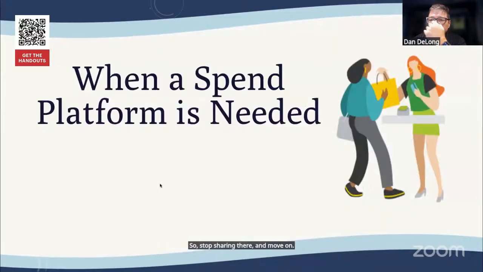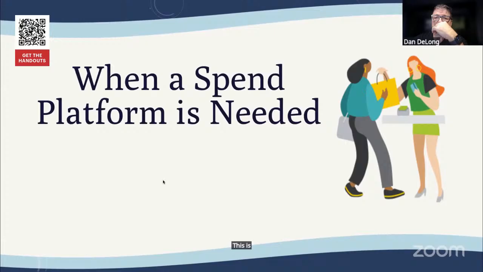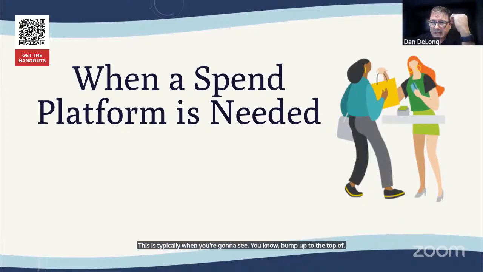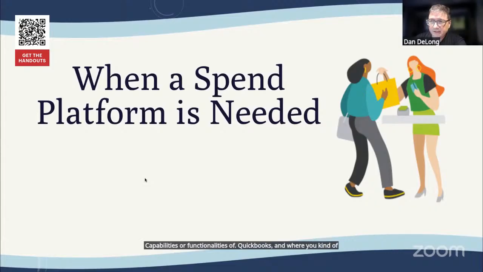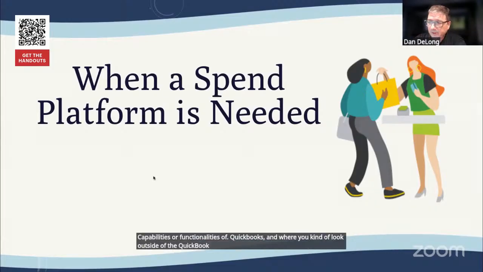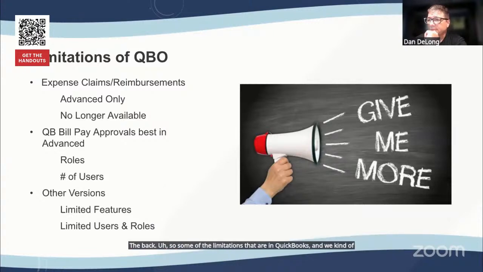All right, so let's talk a little bit about when a spending platform is needed. This is typically when you're going to see the bump up to the top of the capabilities or functionalities of QuickBooks, and where you look outside of the QuickBooks ecosystem. Some of the limitations in QuickBooks, we mentioned a little bit earlier.